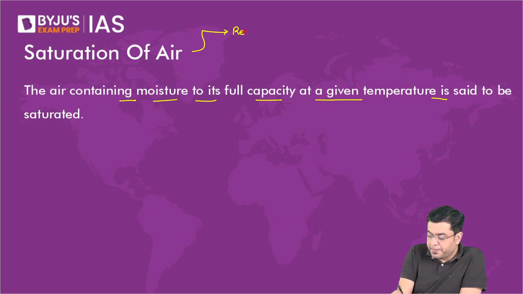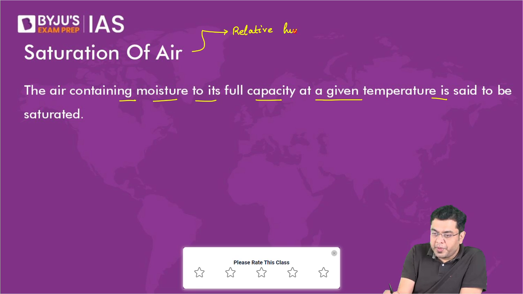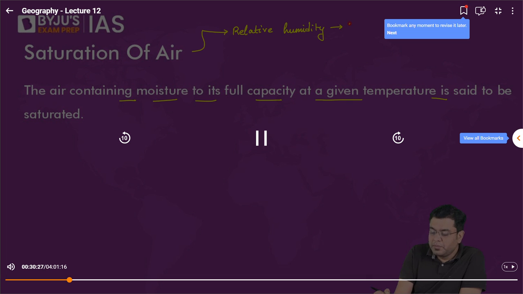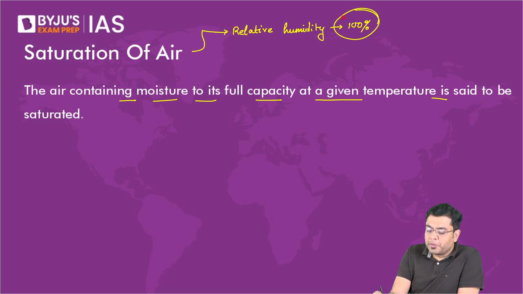Very good. Relative humidity comes out to be 100%. So whenever the air gets saturated, relative humidity is 100%.